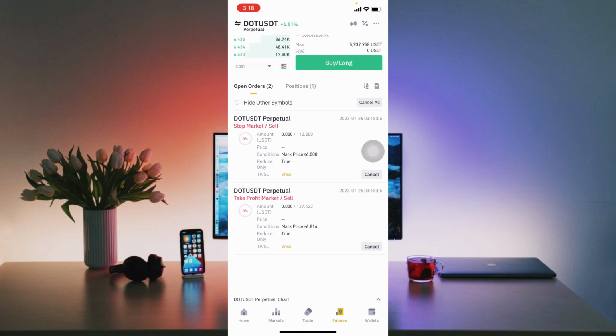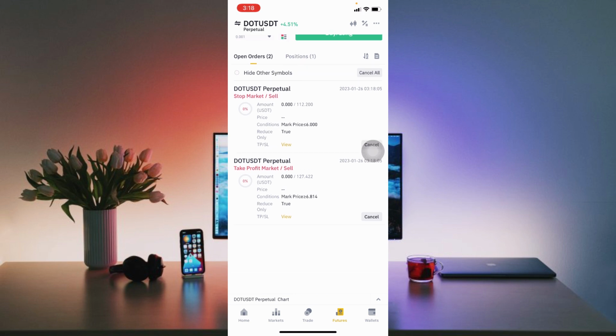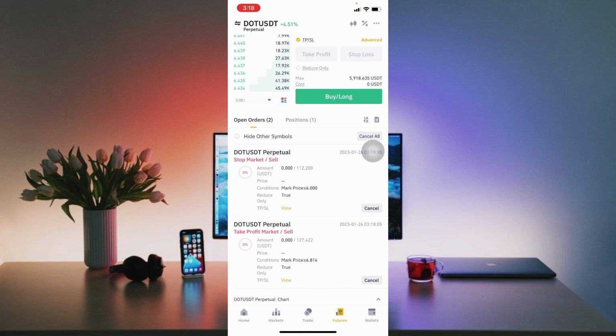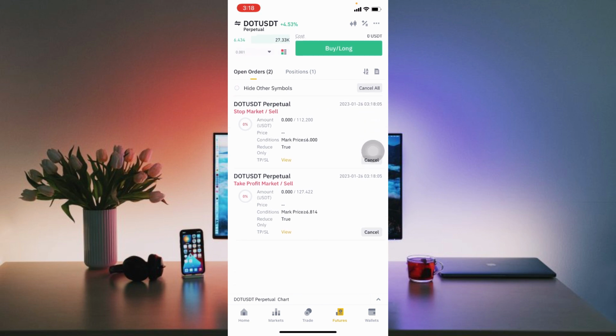Then the second one, USDT perpetual sell, that's our take profit. Basically what we are saying is that if price falls down to 6.000, our trade should close. If price rises to 6.814, our trade should also close.